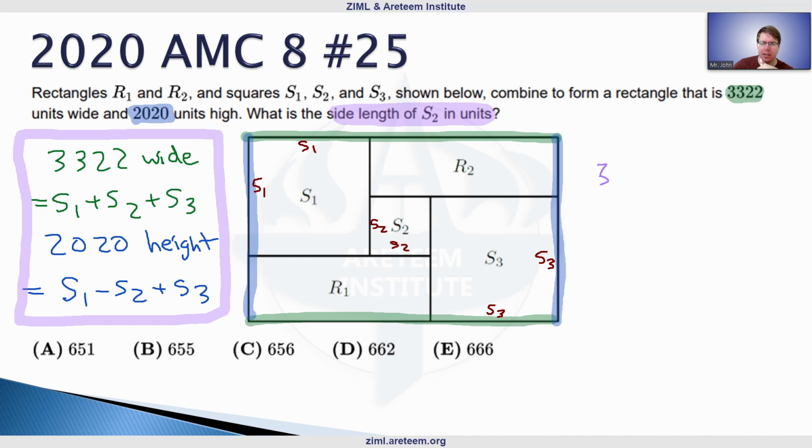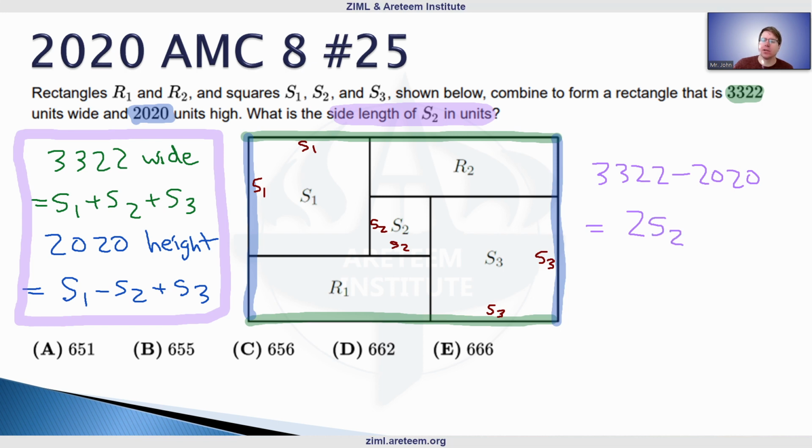So if we think about, well, what is the difference between these two? If we look at 3,322 minus 2020, and if you think about subtracting those equations or looking at how they differ from each other, notice that they both have an S1 and an S3, but one of them has a plus S2, the other has a minus S2.